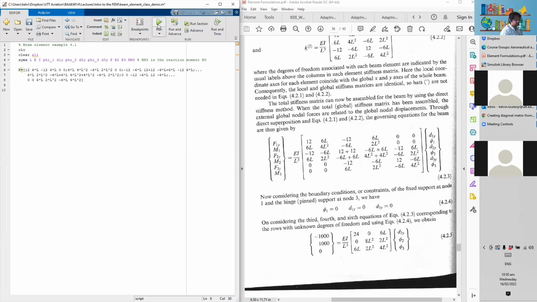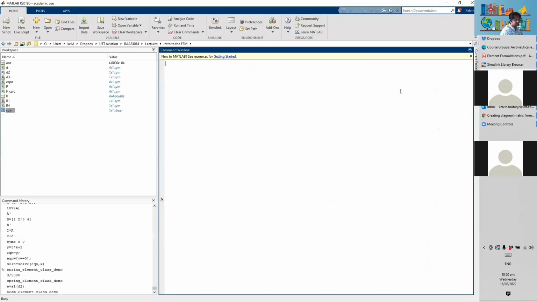All right, so to see if this is looking correct, we just click run here. So this is the matrix here. We could just cross check to make sure.